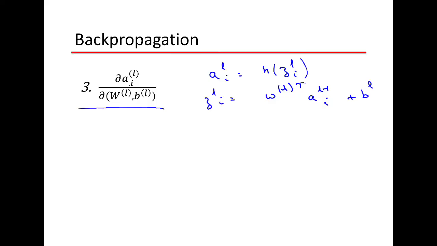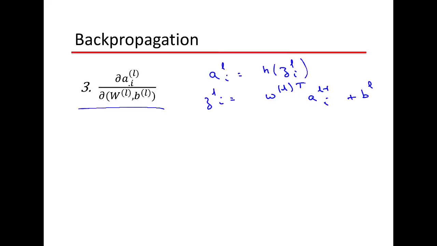Now when I am taking the derivative with respect to W, it is a matrix. And I have not told you the chain rule for matrix valued functions that take matrices as input. Right? But I can flatten it. I can pretend as if W is a vector. Although I am writing it in matrix form, I can just pretend it's a huge vector of size M L into M L minus 1.